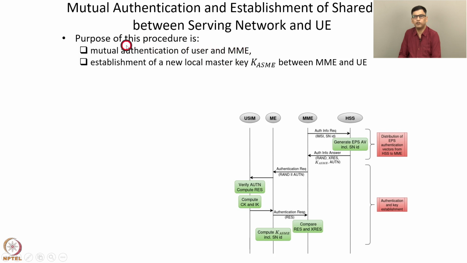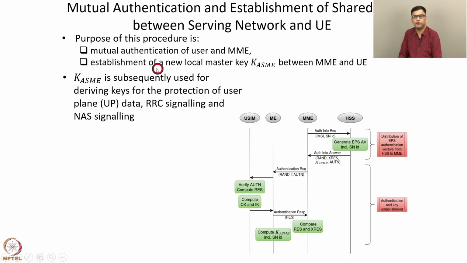And another function of this procedure is establishment of a new local master key KASME between the MME and the UE. So, this KASME is generated as part of the authentication vector generation in the HSS and is sent to the MME, and the mobile equipment computes the KASME in this step, and this KASME is the same as this KASME.